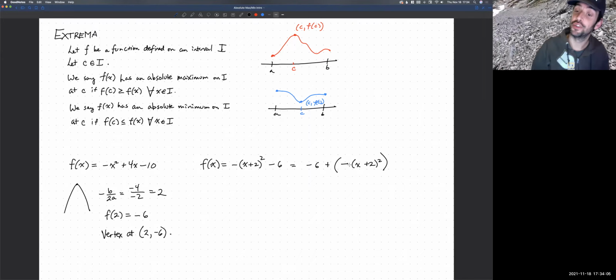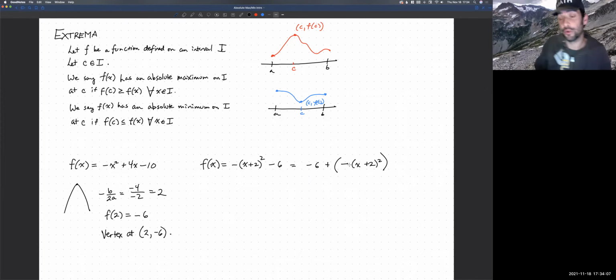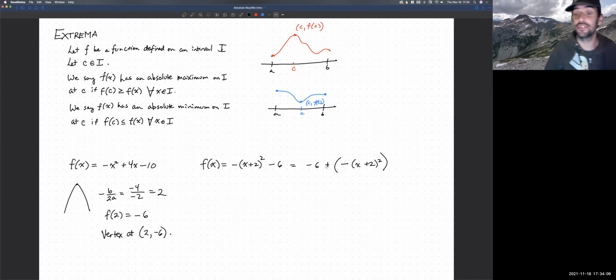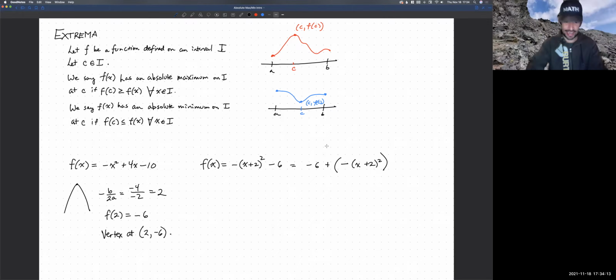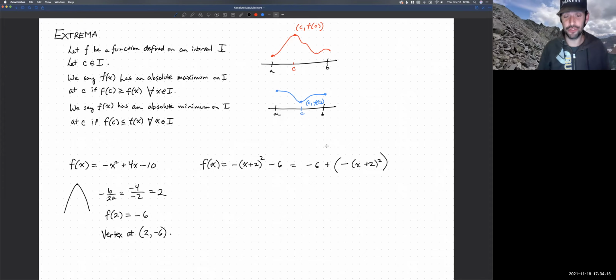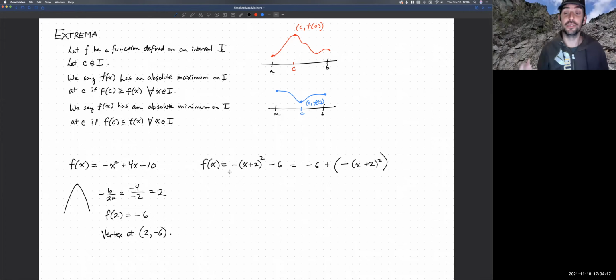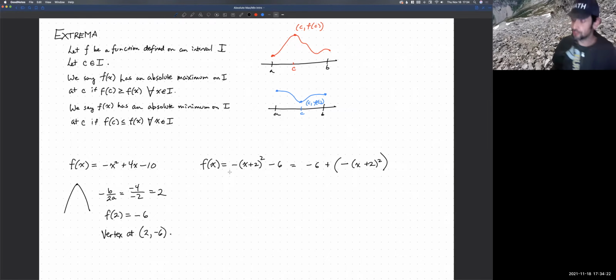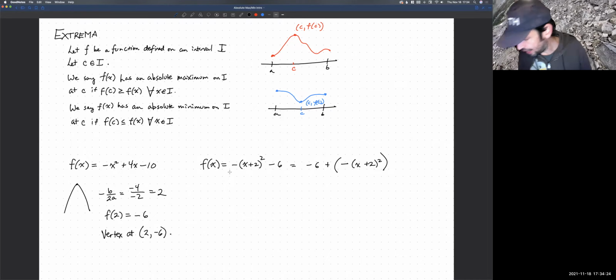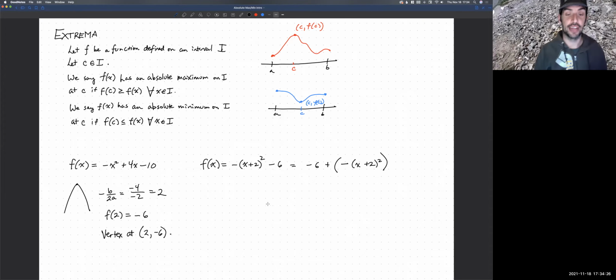And then we have a negative in front of it, so it's always going to be negative, or it's going to be 0. So we're starting at negative 6. We're adding either 0, we do nothing to it, or we're adding something negative, making it smaller. So all the values that this function pops out are going to be negative 6 or smaller. Just what we saw in the graph, but now we have an algebraic interpretation of that fact.